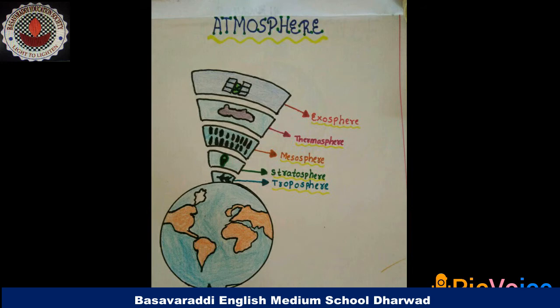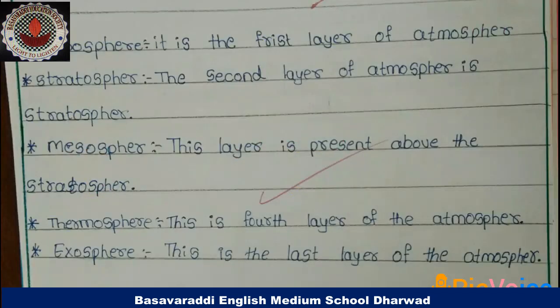Next, the third one, the important question, it is layers of atmosphere. Troposphere, stratosphere, mesosphere, thermosphere and exosphere. So you have to write the layers of atmosphere.